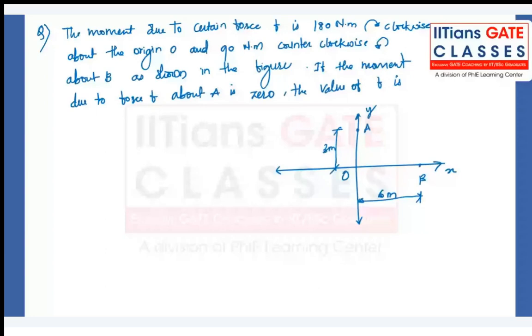What they have given is moment about origin is 180 Newton meter clockwise. Moment about point B is 90 Newton meter counterclockwise, and moment about A because of the force is 0. Can you tell me when the moment will be 0?